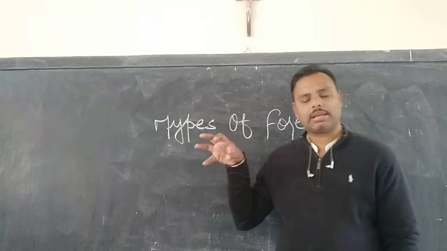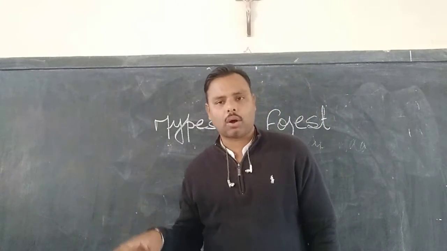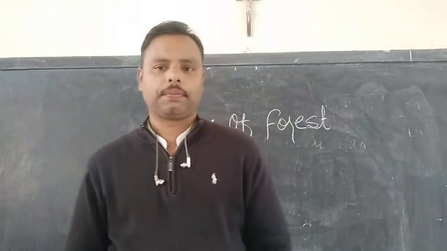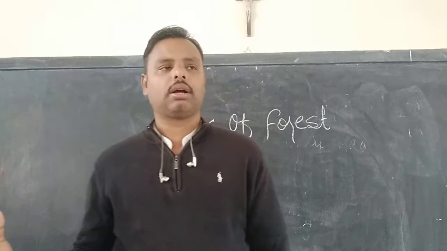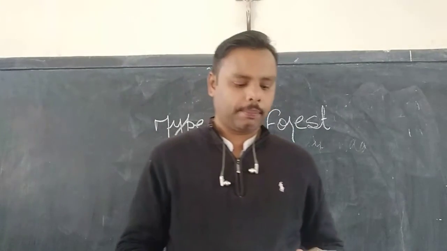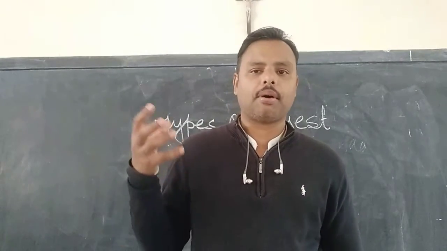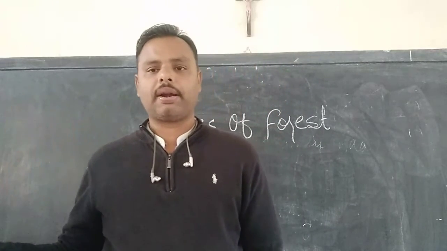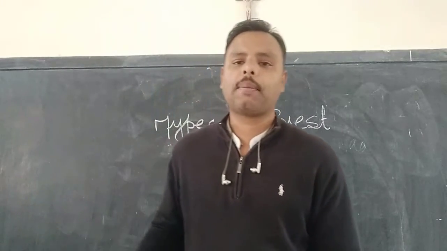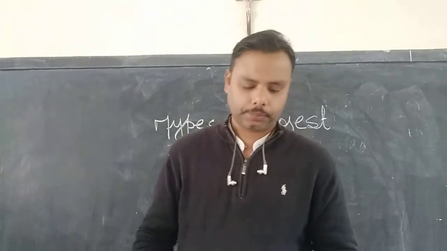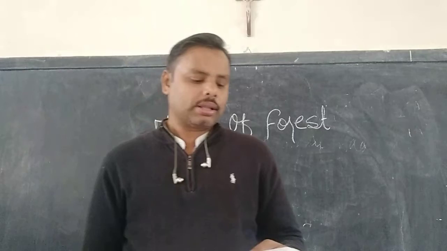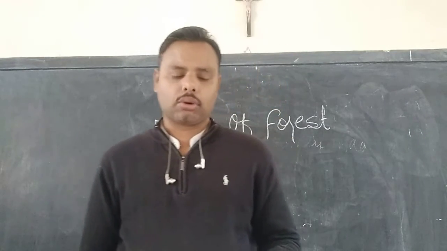So tidal forests are those forests which are found on the banks of a particular river, where they get good mud, and with the help of that filtered mud, they grow up and they require a good amount of water.